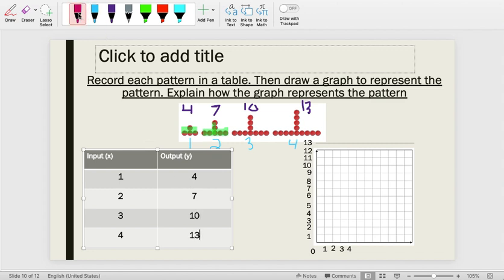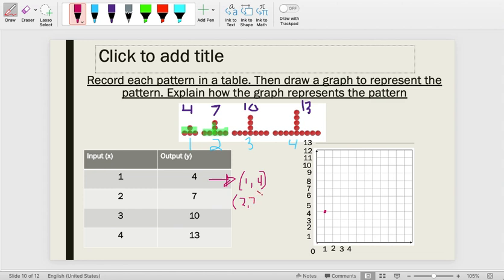From there, we have our coordinates. Okay, so remember, this will become 1, 4. So starting at the 0, we're going to move over 1 and up 4, so we're going to plot right here. Okay, this is going to be 2, 7.